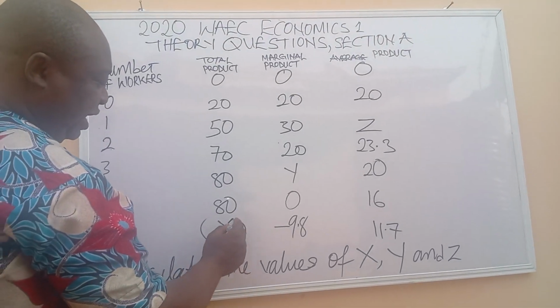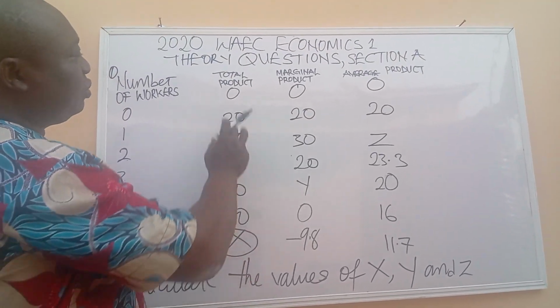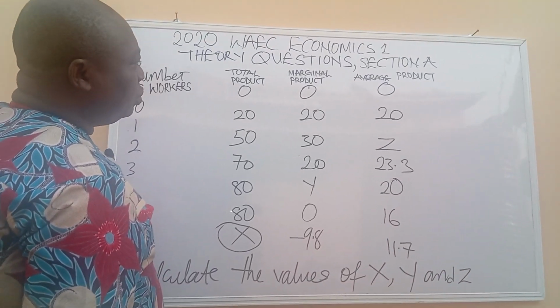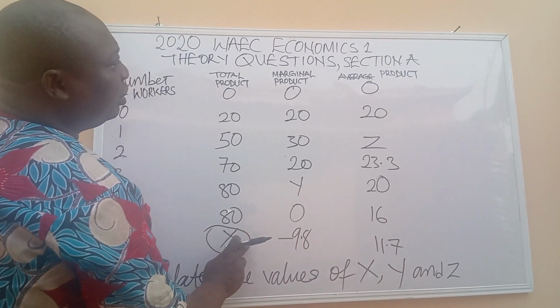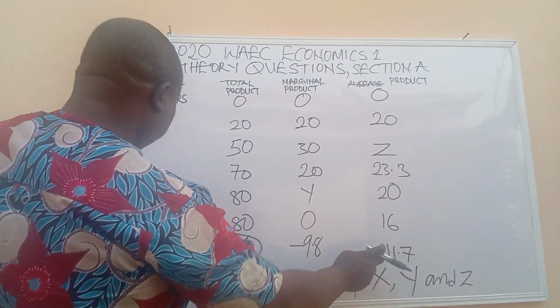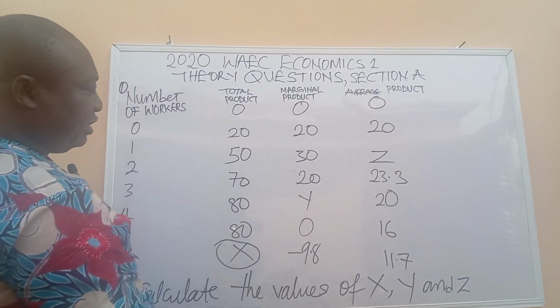This is X. That is total product. So how do we calculate total product? To calculate this total product, it is going to be average product times number of workers.